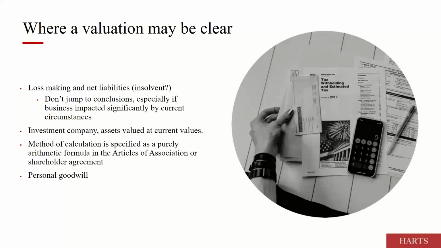So if someone is deemed a good leaver, they get their market value. And sometimes that might be calculated as simply as 3 times the last year's profit. It's an example, it's not what it should be. It's not necessarily what the valuation should be, but it's what the shareholders have agreed in advance.